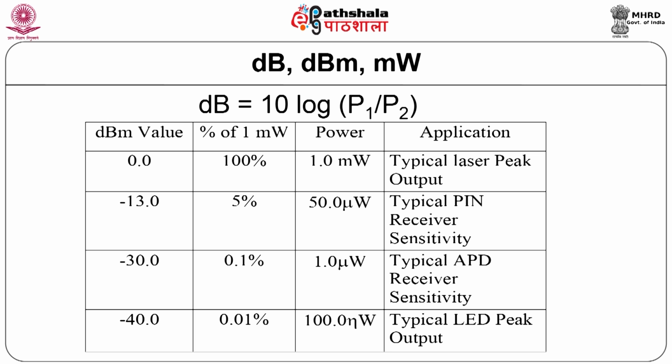If dBm value is minus 13, it is 5% of 1 milliwatt, power is 50 microwatt, it is typical pin receiver sensitivity. If dBm value is minus 30, then it is 0.1%, that is 1 microwatt, typical APD receiver sensitivity. If it is minus 40, 0.01%, 100 nanowatt and typical LED peak output.